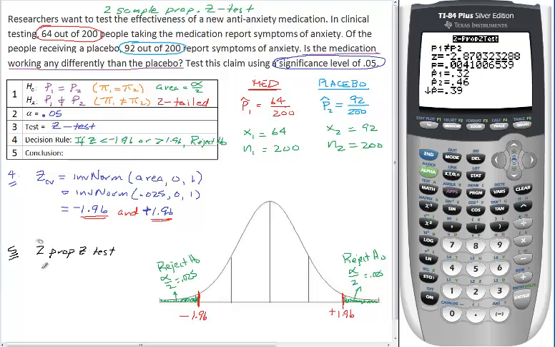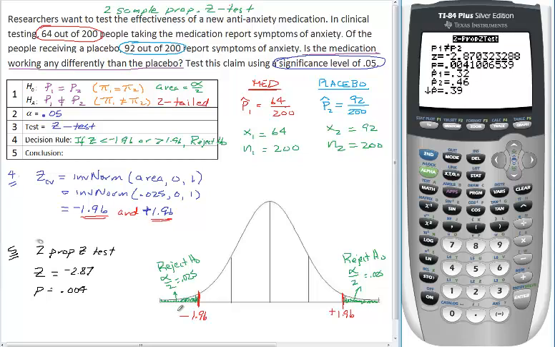So our z test value, you can call it whatever you want. Some people just call it Z to distinguish it from the other one. -2.87. Now I'm going to write down the p-value here. We'll talk about the p-value after. 0.004. So where is negative 2.87?